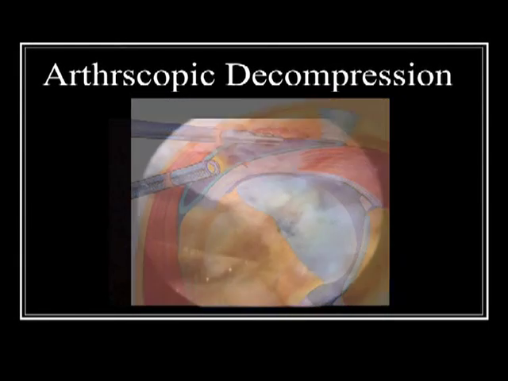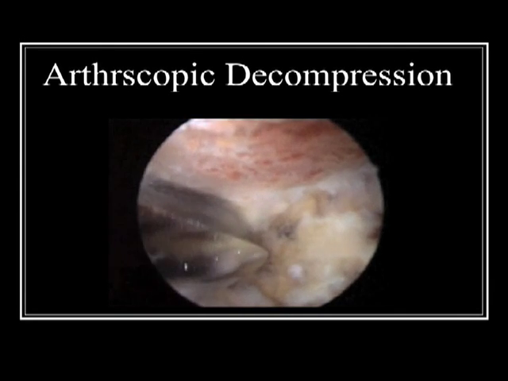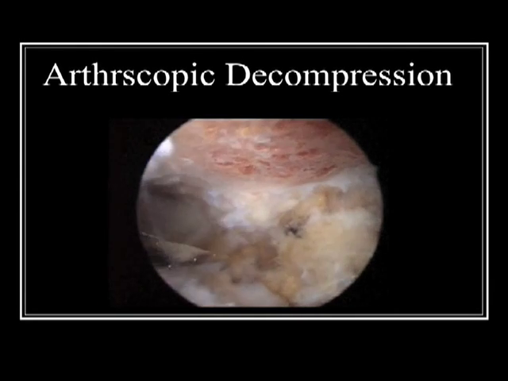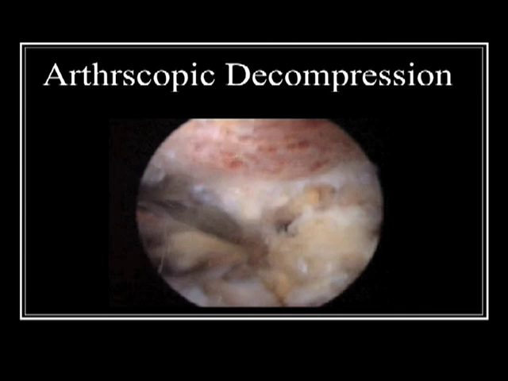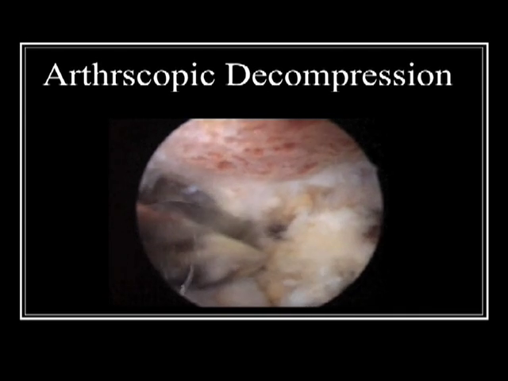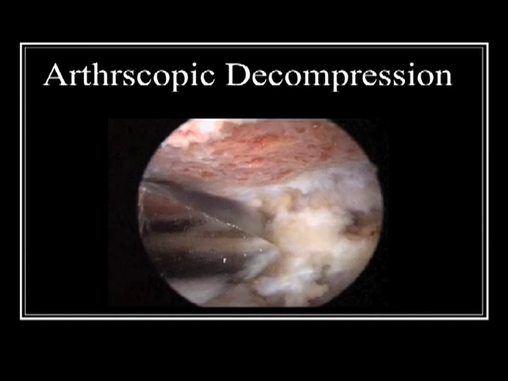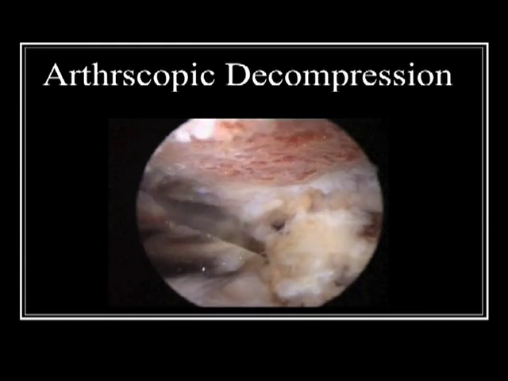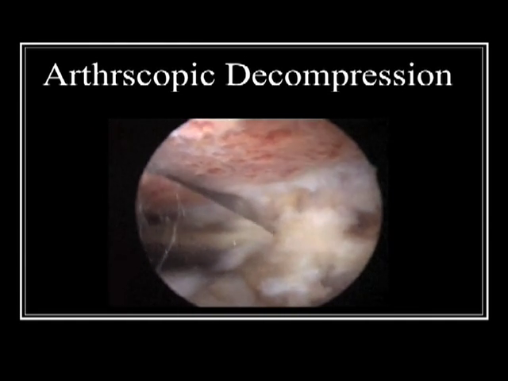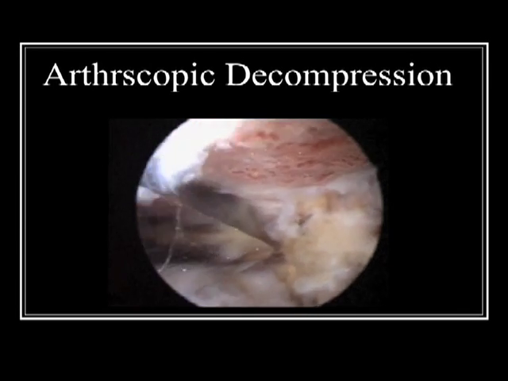When pain persists despite conservative care, arthroscopic treatment of impingement is generally considered. In the absence of significant rotator cuff injury, arthroscopic removal of the projecting spur, a procedure called decompression, effectively alleviates pain for the great majority of patients.